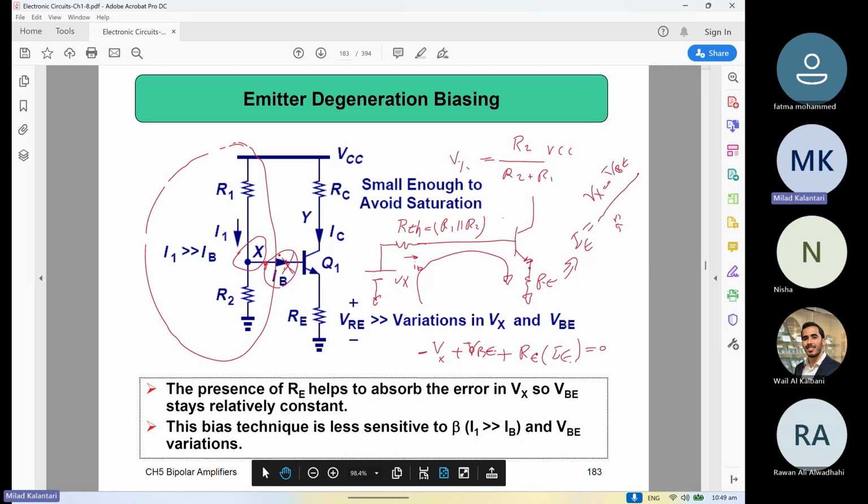Divided by RE, right? So how about the IC? This is the emitter current.